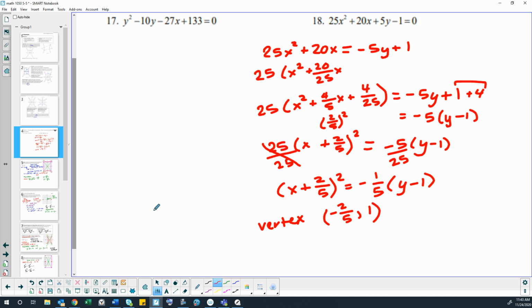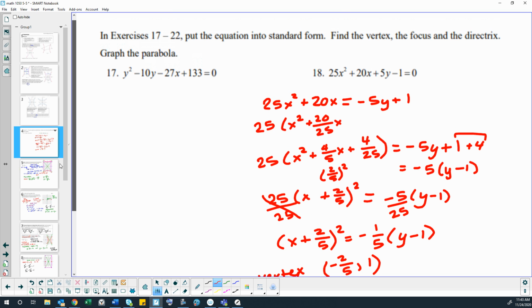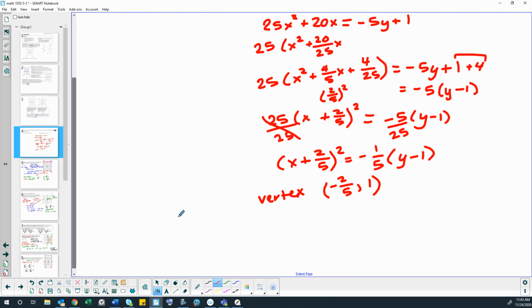But then we need the focal length, right? Let me read the question again. Find the vertex, the focus, and the directrix. Oh, and graph. Good heavens, this is ugly. All right, let's find the focal length by taking our 1/5 and dividing that by 4. Another way of dividing by 4 is multiplying by 1/4, which gives us 1/20.